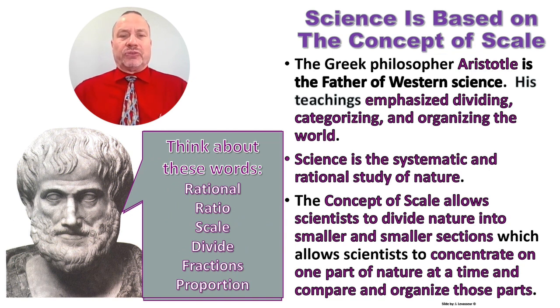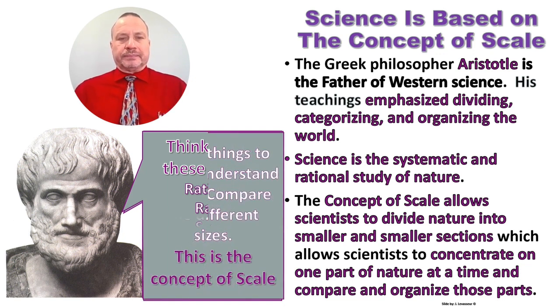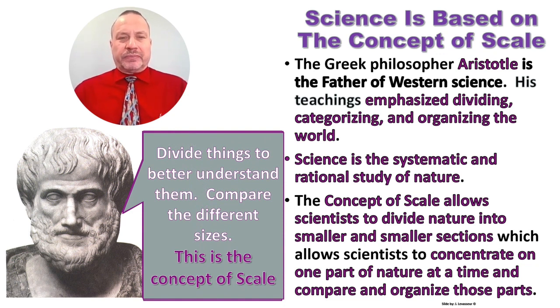Rational, ratio, scale, divide, fractions, proportions. These are all the same basic idea, dividing things up by organizing them and comparing them. Divide things to better understand them. Compare the different sizes. This is the concept of scale.